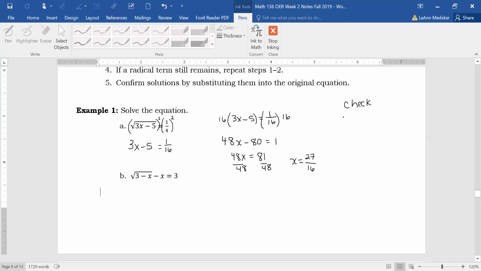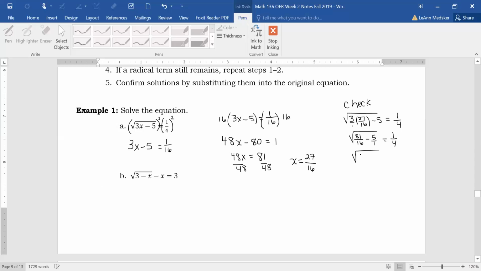So we plug it back into the original equation that we had. Square root of 3 times 27/16 minus 5 equals 1/4. We need to make sure that the left side actually will end up equaling 1/4. So we have to multiply 3 times 27 because that's like 3/1. So that makes 81/16. I'm going to go ahead and write minus 5/1 because we're going to get a common denominator.